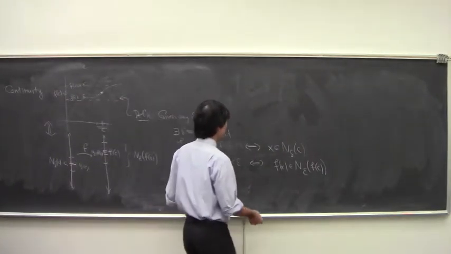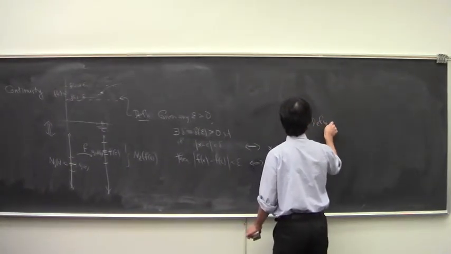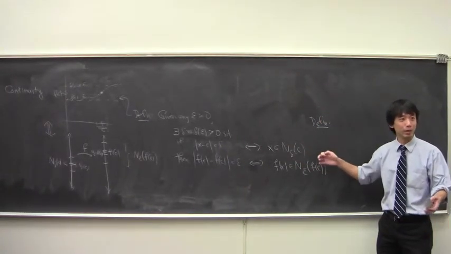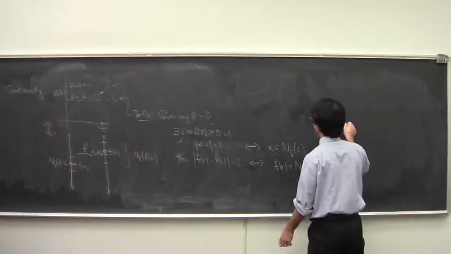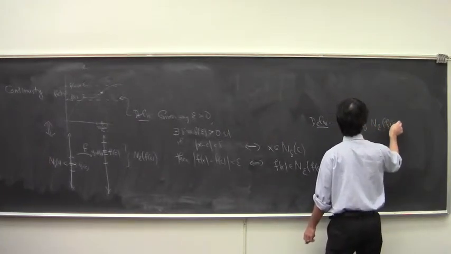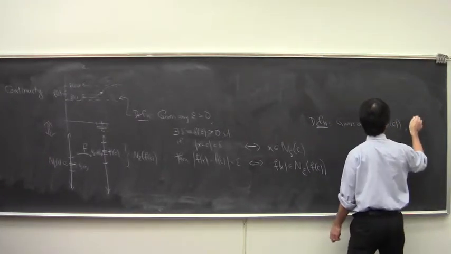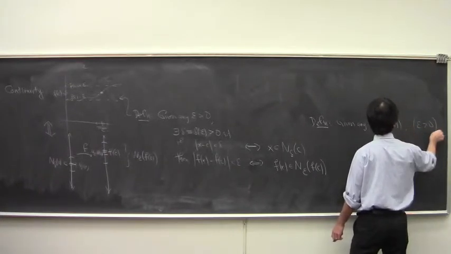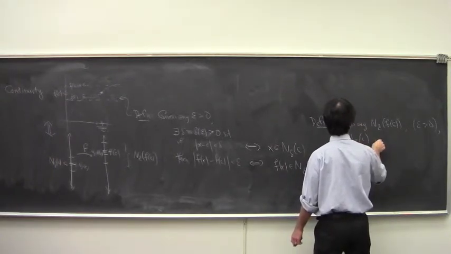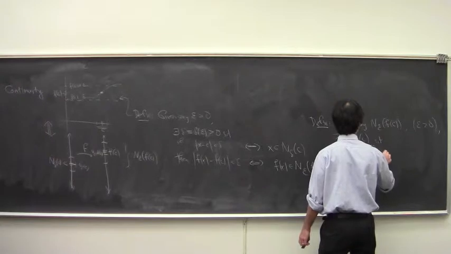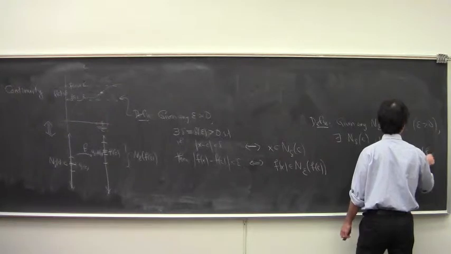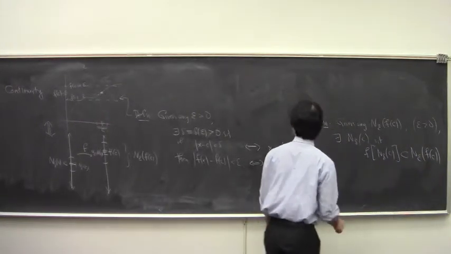But if you wanted to rewrite it in a way that was more neighborhood centric, you'd say given any epsilon neighborhood of f(c), where epsilon is greater than 0, there exists a neighborhood of c such that f of the neighborhood of c is contained in the neighborhood of f(c).